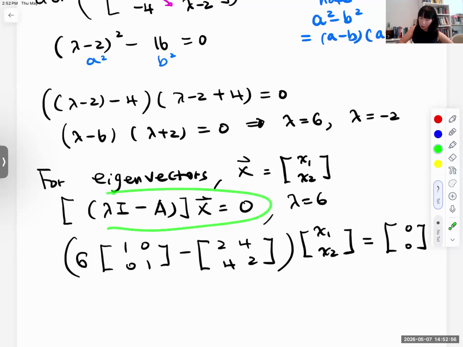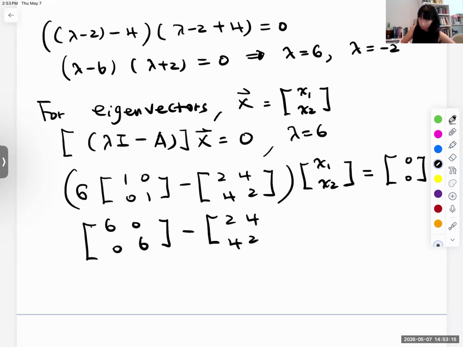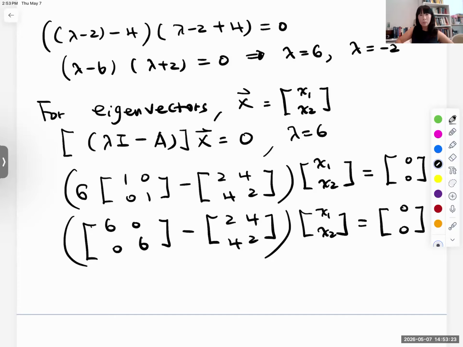So I am following this form, right? Okay, so the first matrix we have 6, 0, 0, 6, minus 2, 4, 4, 2, and x sub 1, x sub 2 equal to 0, 0, right?